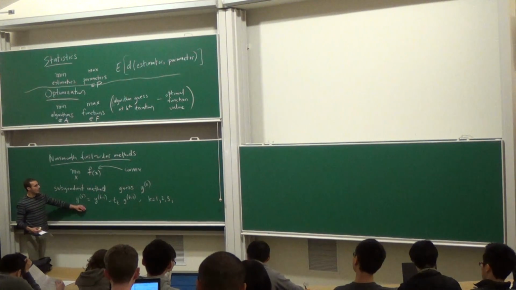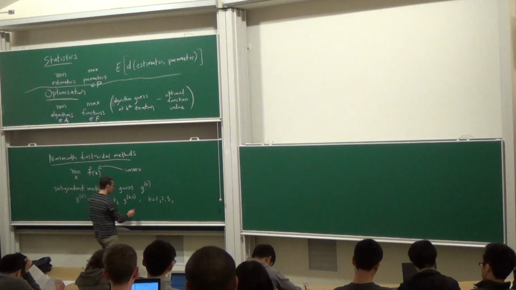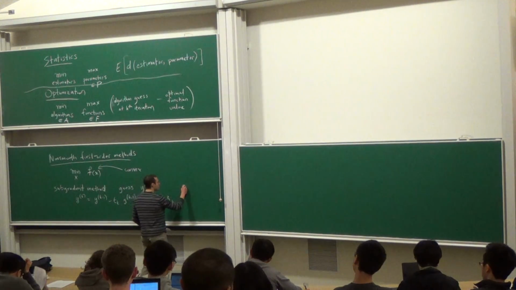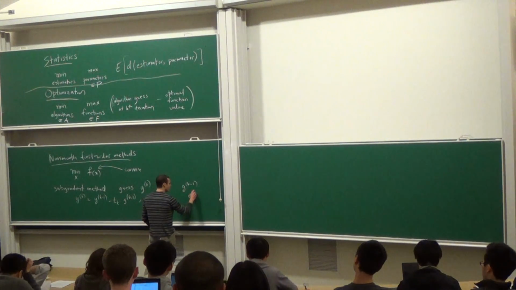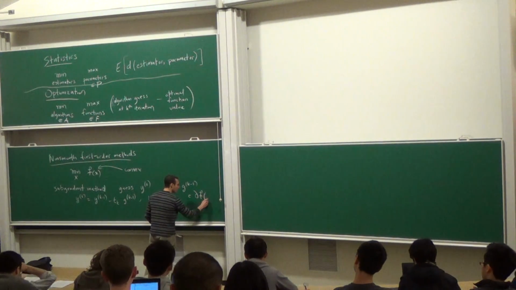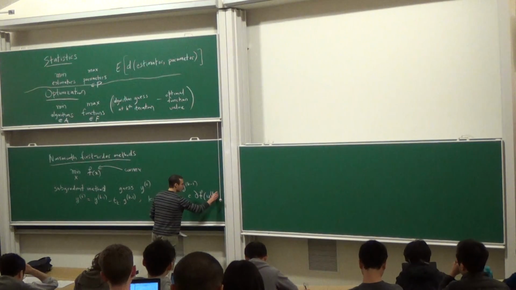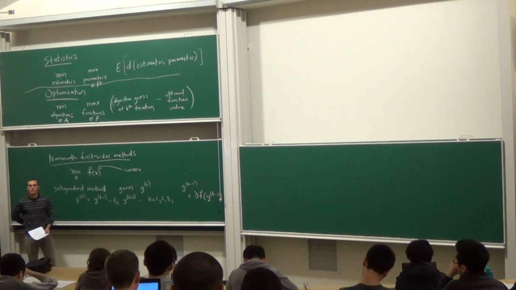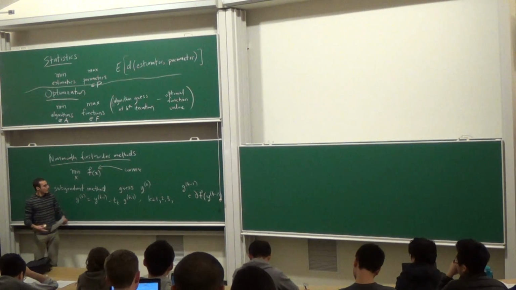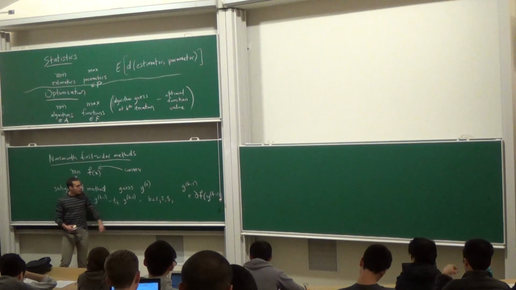Here, gk minus 1 is a subgradient of the function at the point yk minus 1. Repeatedly move in the direction of the negative subgradient.